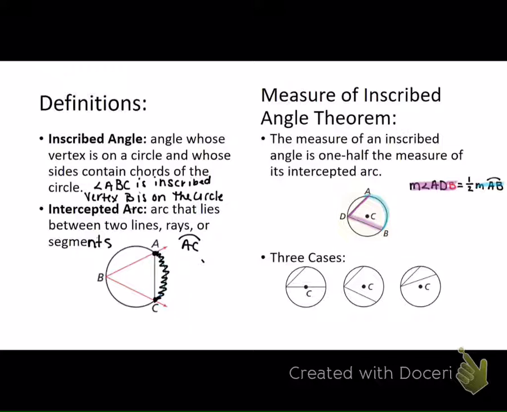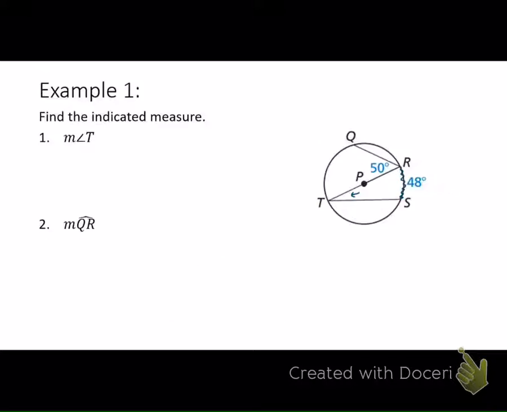What did we say the relationship was? The angle is half the arc, right? So we know that the measure of angle T is 1/2 the measure of arc RS, which is its intercepted arc. So we know that RS is 48. So what did you say it was, Greg? 24. So the measure of angle T is 24.